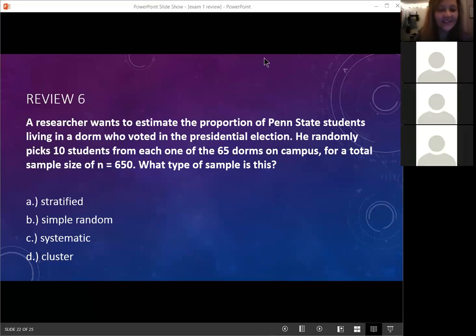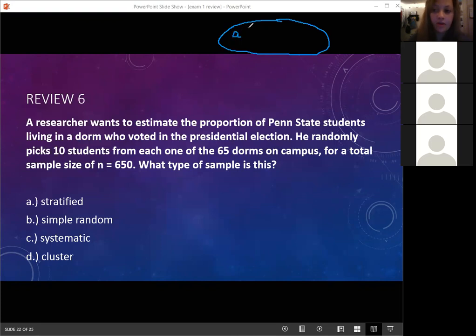Okay, good job, guys. So let's look into this one. Remember, in this case, they're looking at the proportion of Penn State students living in a dorm who voted. So they took all the 65 dorms. This is going to be our entire population in this case, so this will be all 65 dorms. And then from each dorm, they took a random sample of 10.